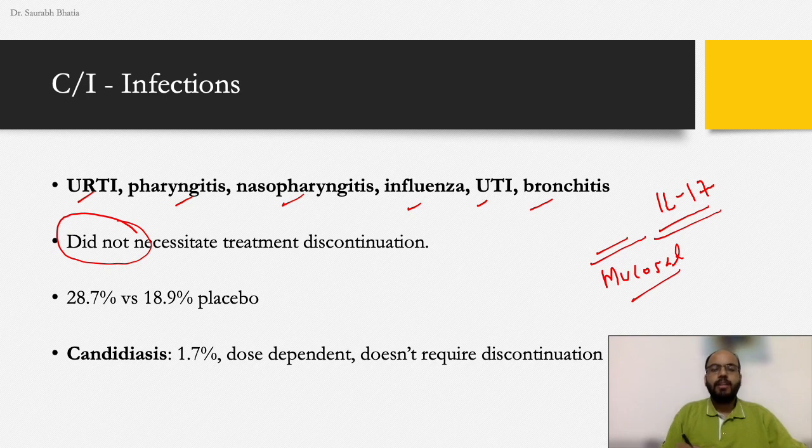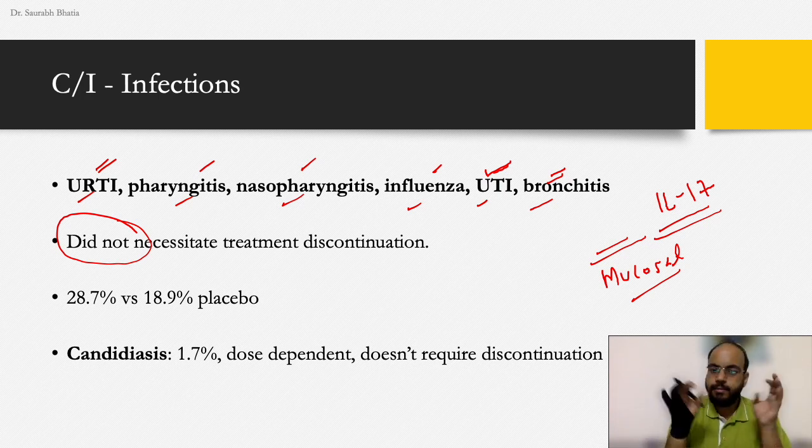So, when you block interleukin 17, you have increased infections of respiratory tract, URTI, not LRTI, URTI, pharyngitis, nasopharyngitis, influenza, urinary tract infection, okay, bronchitis. So these are all mucosal sites which get infected because we are blocking interleukin 17. Now you understand the concept why these infections are very common or commoner as compared to other biologicals while we are using secukinumab.